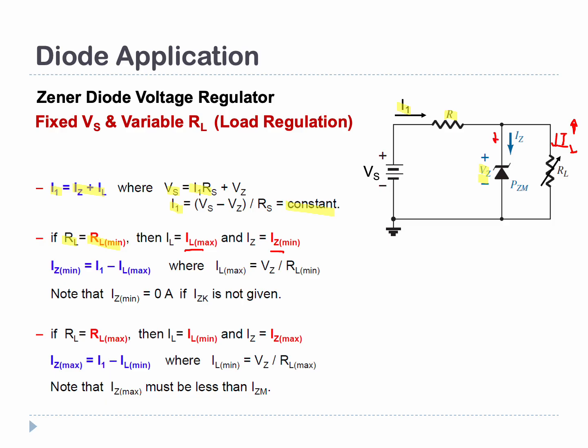Alright, so when your IL is maximum, we know V is equal to IR. So this is our Ohm's law.